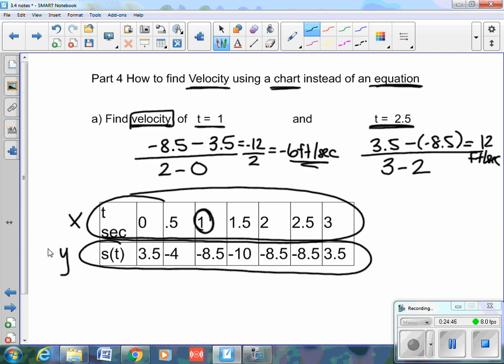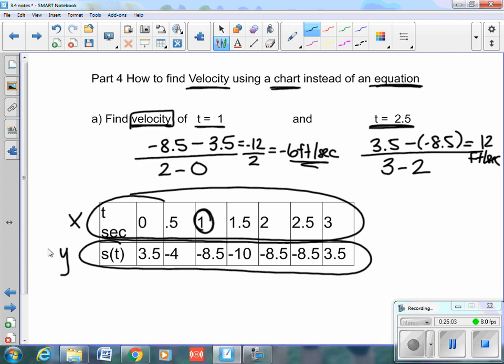You will be guaranteed, you have to know how to do this for the AP test. You have to, and it's not even that hard if you know how to find the velocity or the slope or the rate looking at a chart. If they don't give you points, you can do midpoints like we did on the quiz.